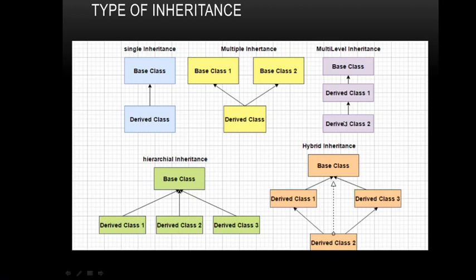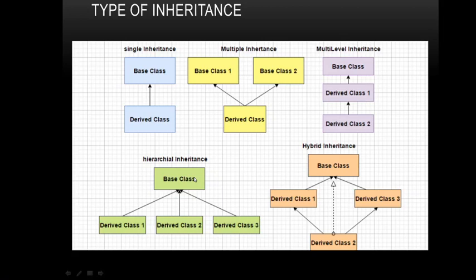This child is getting property from the parent, and this parent is getting property from his parent. So ultimately the child is getting property from both the parent and the grandparent. So it is multi-level inheritance. That is also very common in object-oriented programming.